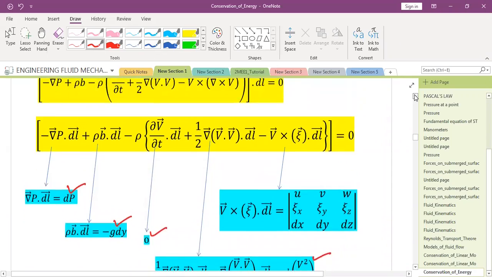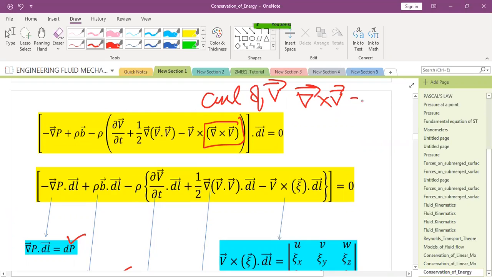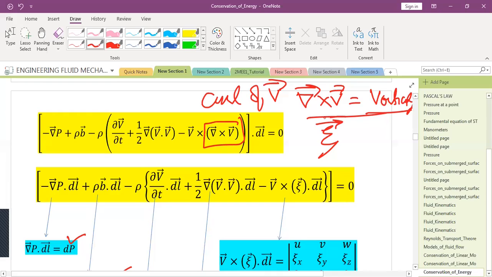And this term, that is del cross v, this is called curl of velocity vector v. So please remember, curl of a vector v is also called vorticity. We will come to this in detail in some time. Vorticity is represented by vector zeta, because this is a cross product, so it will end up in another vector, and that vector is called vorticity vector and mathematically represented by zeta.